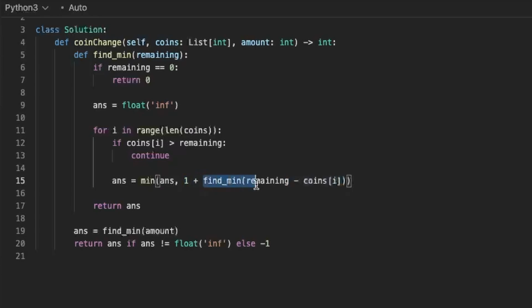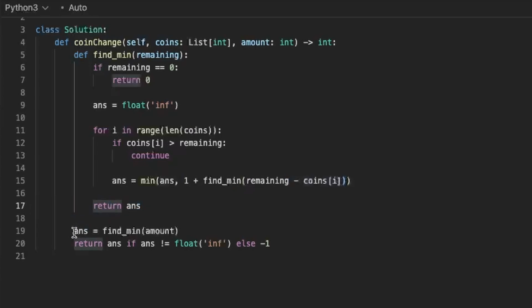And then our recursive call is just whatever our remaining is minus this current coin. So say we are looking at the remaining of 5 and we have a coin of 2. We would say we're using that 2 coin, and then we're going to do 5 minus 2. So we're solving this problem for a remaining value of 3. Then at the end, we're just going to return our answer.